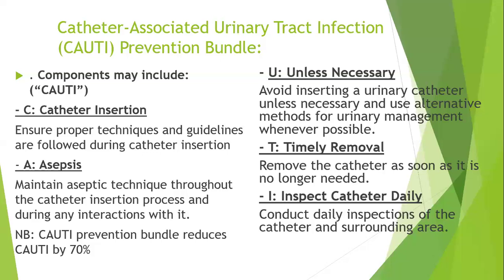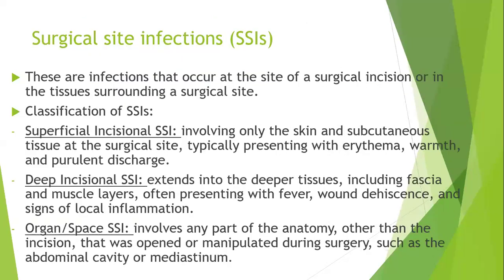It's been found that adhering to the CAUTI prevention bundle helps to reduce the incidence of catheter-related urinary tract infection by as much as 70%, which is a lot. So we can save our patients from the horror of fever resulting from catheter-related urinary tract infection.